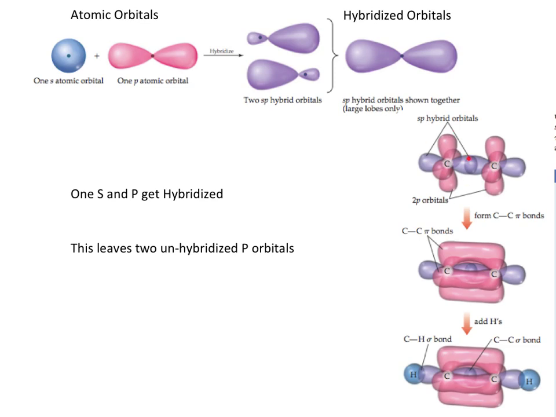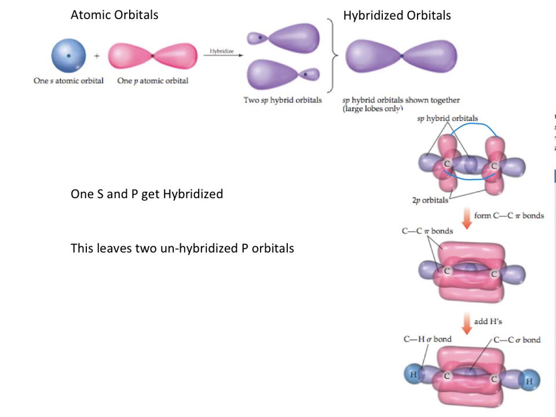Okay, so if I took another carbon that had the same hybridization, their sp hybridized orbitals would overlap, giving us our initial sigma bond. Now, what needs to be considered is that we have two unhybridized p orbital sets. So that means that we have the potential of having two pi bonds.